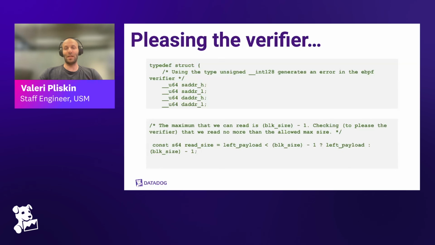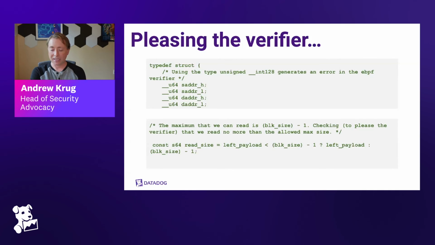It just doesn't work well with the verifier, so we have to break it into two different variables and then perform sort of bit arithmetic in order to build the full version. Anytime there's a static analyzer, there's always a workaround.